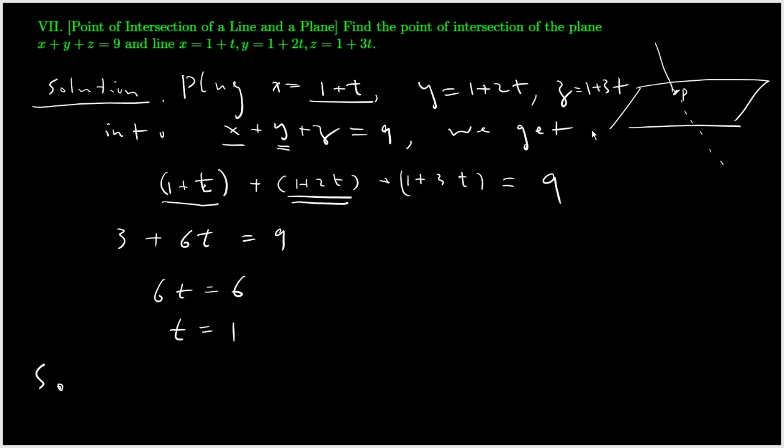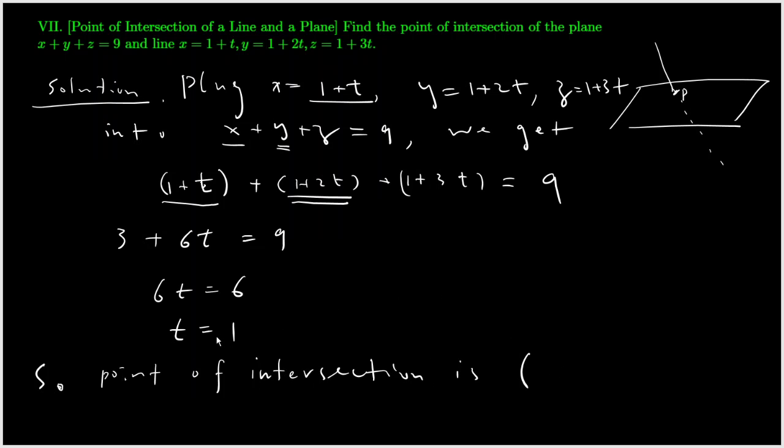So okay, and the point of intersection of the line and the plane is the point with x coordinate. And so maybe I'm running a little bit faster for some of you guys.